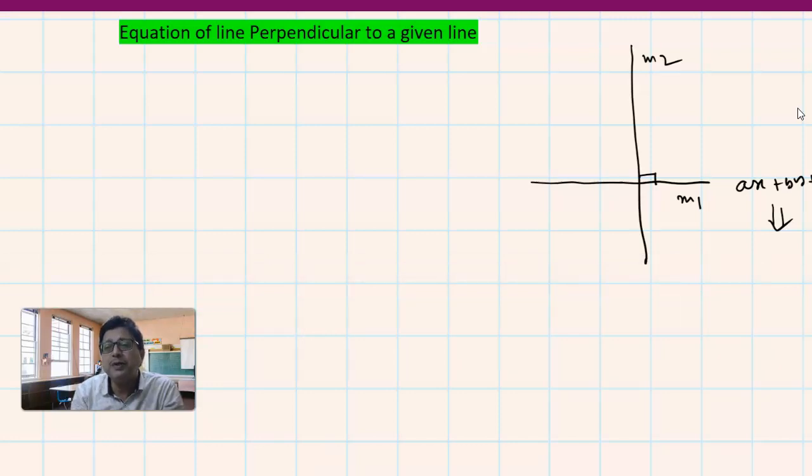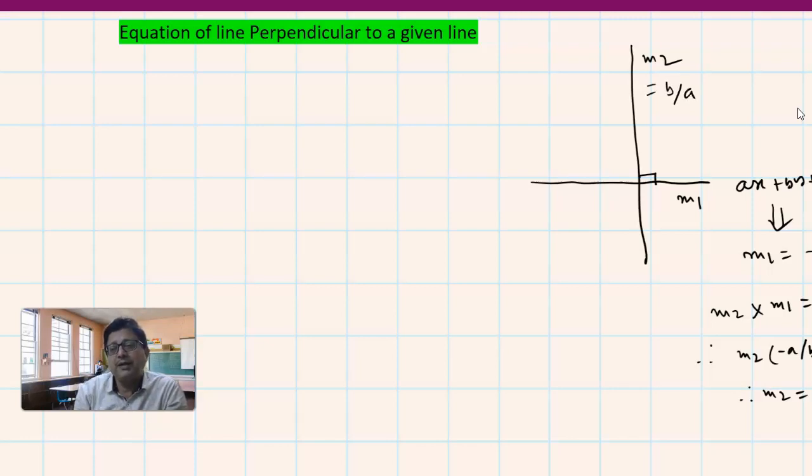The slope is the coefficient of x by the coefficient of y, with a negative sign before it, so it will be minus a by b. Now m2 into m1 equal to minus 1. Therefore, m2 into minus a by b equal to minus 1. So this line has slope equal to b by a.